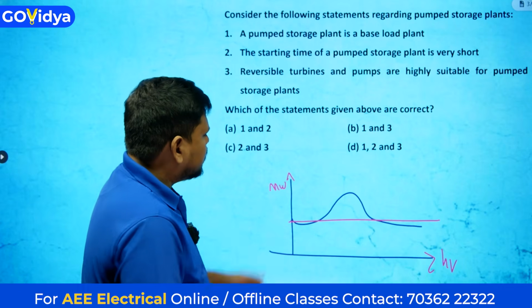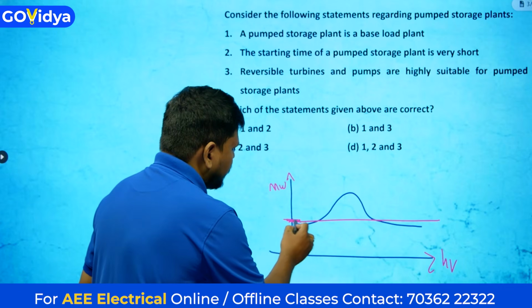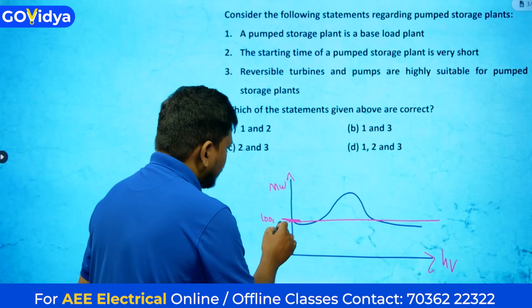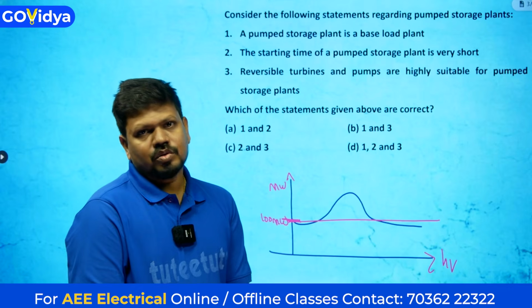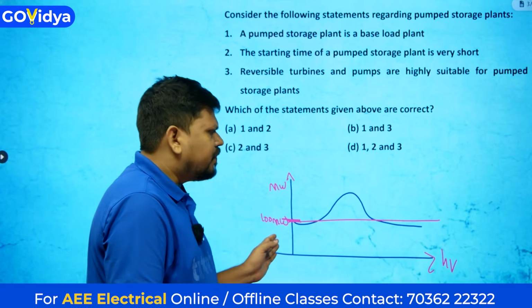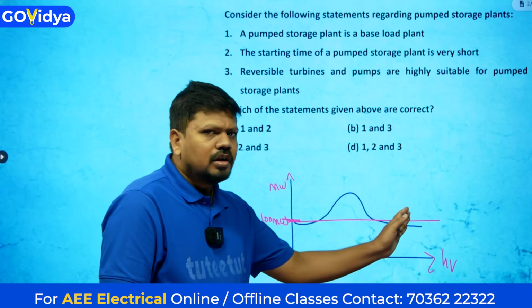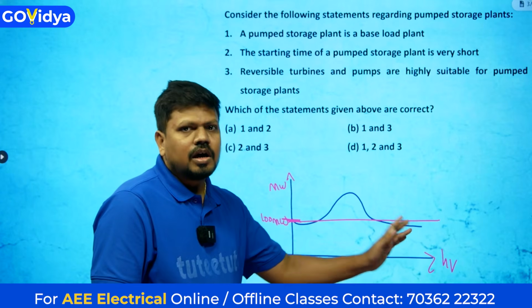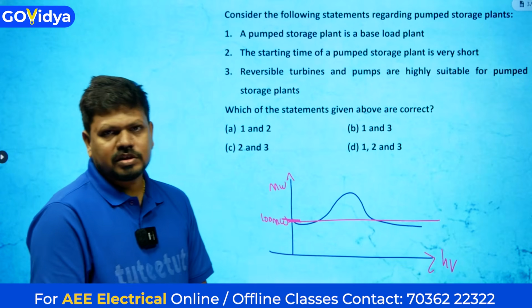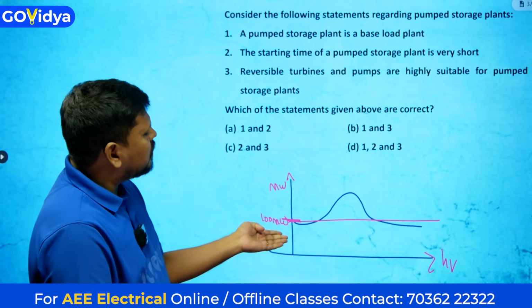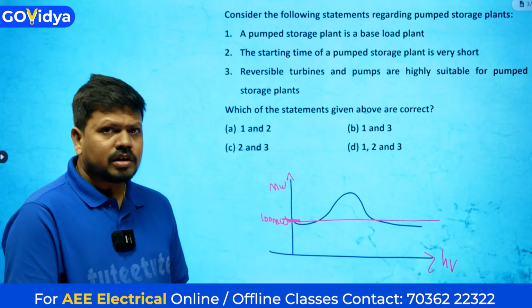For example, this is 100 megawatt. This will be our base load. Every time this much of load is there on a power system, so this much of power we have to generate.